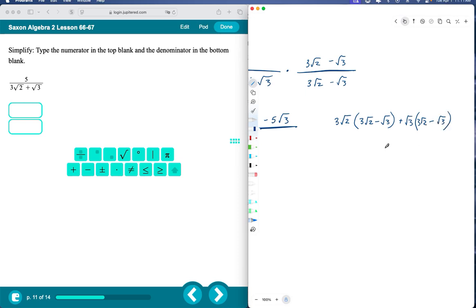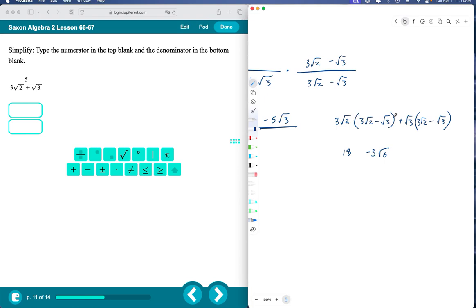So let's find that. 3 times square root of 2 is going to be 3 times 3 is 9, and then this would become a 2. So we have 9 times 2 is 18. And now I have 3 times the square root of 2 times the negative square root of 3. So that's going to be a -3 times the square root of 6 because these two multiply.